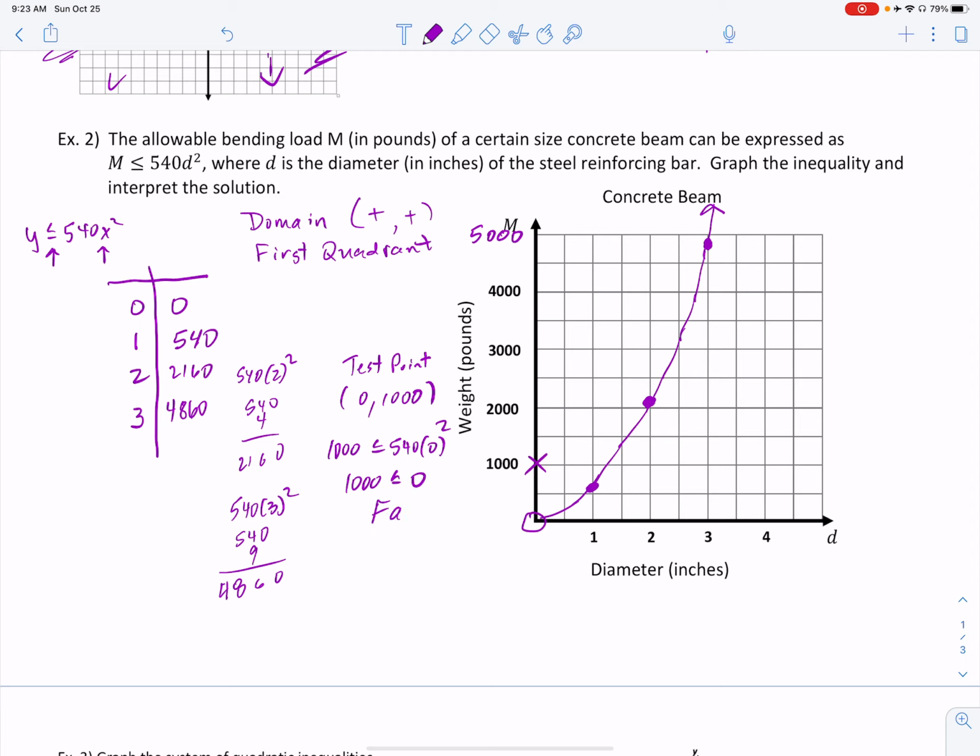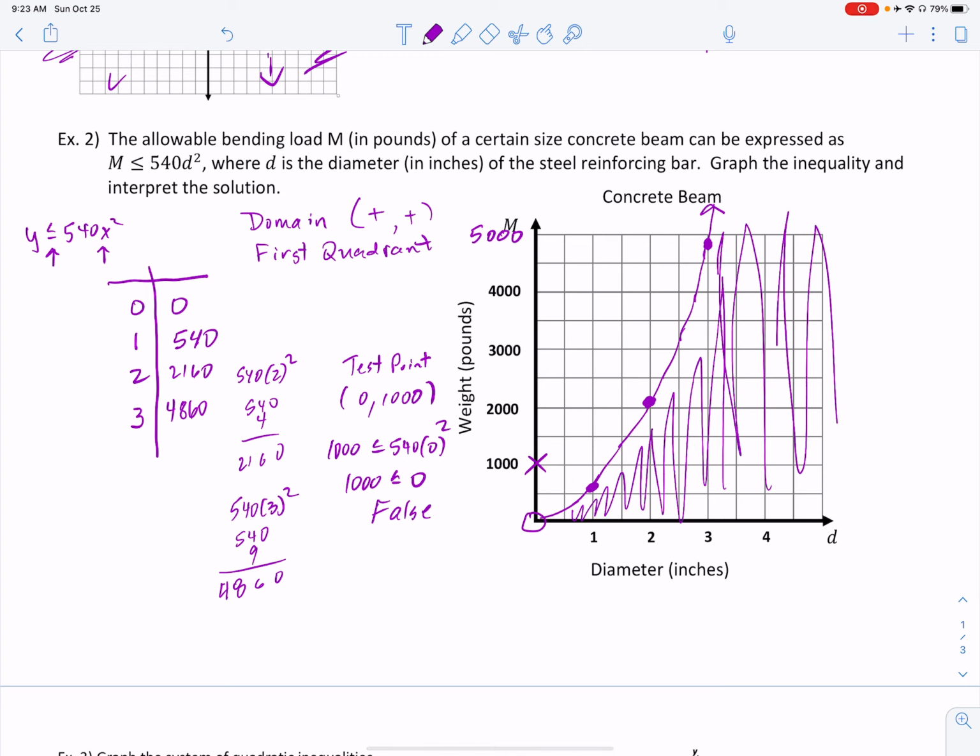Well, that is a false statement. So I'm not going to be shading inside. I am going to be shading outside, but only in the first quadrant, because it doesn't make sense to have bending weight negative. So we're just going to keep it above the x-axis, or in this case, the d-axis, and indicate those are my solutions. But we're not done yet, because it says interpret the solution.